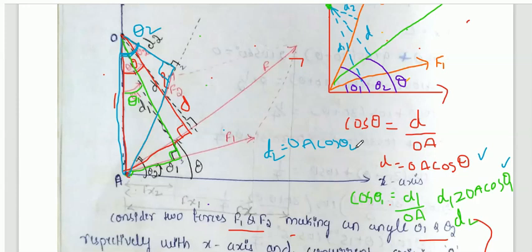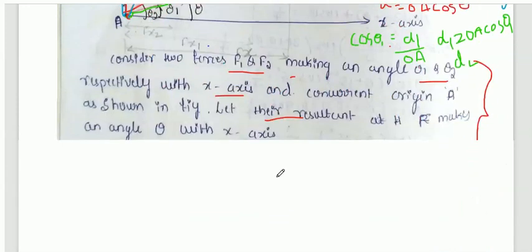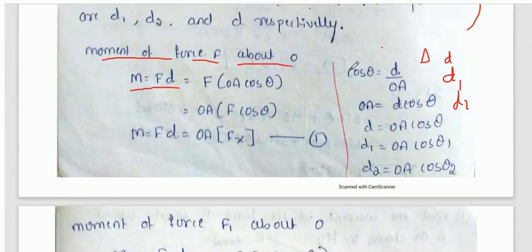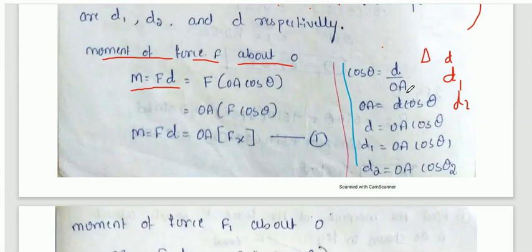The same thing has been mentioned here: from the triangle, cos theta is equal to D by OA. Similarly, D is equal to OA cos theta, D1 is OA cos theta 1, and D2 is OA cos theta 2. Is it clear?